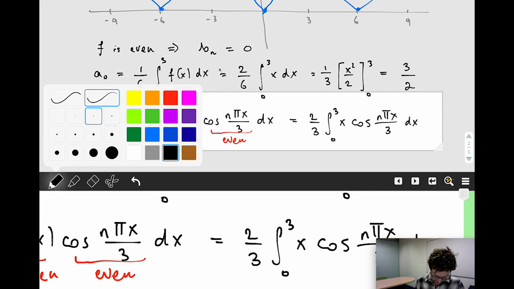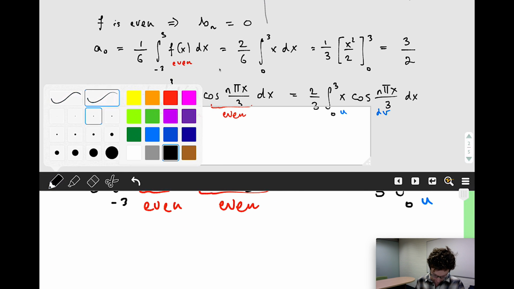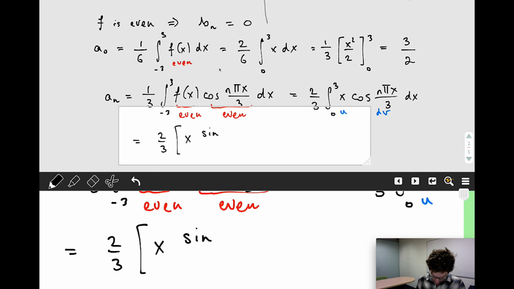And this is again a standard integration by parts. So carrying out that integration, we're going to get 2 over 3 times uv. We have to be a little bit more careful now because the argument of cosine is a bit more complicated.